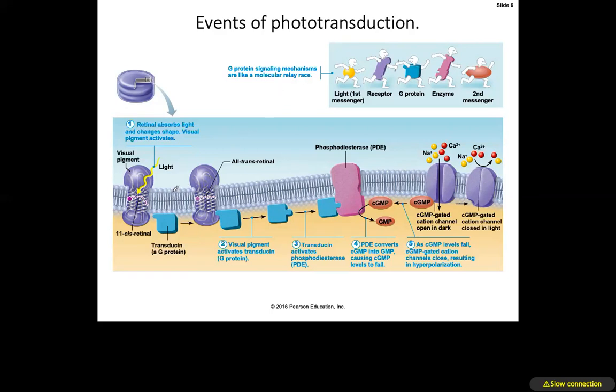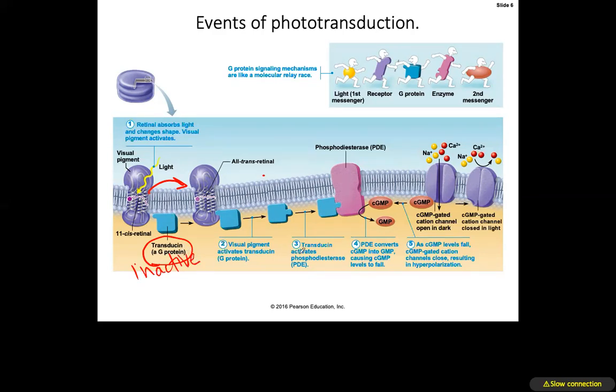So this change that you go from here to here, sorry guys, my pen is not working again. So this change from 11 cis to all trans allows the protein transducin to interact with your new structure of rhodopsin. This form right here is inactive.